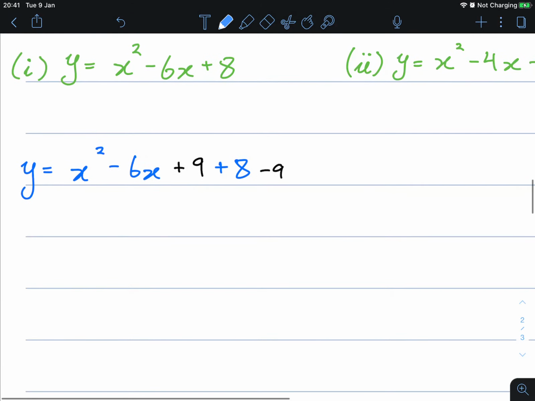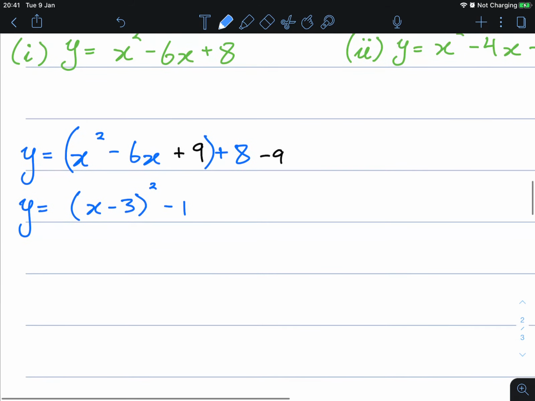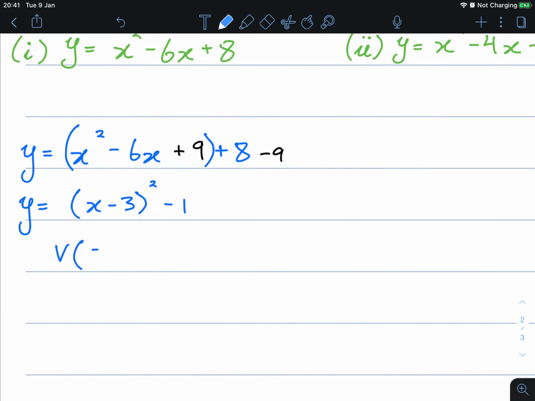But the reason we do this is that now this is a perfect square. This will be x minus 3 all squared. And when we evaluate 8 minus 9, it's negative 1. From this form, we can quickly identify the vertex of this parabola to be 3, negative 1.